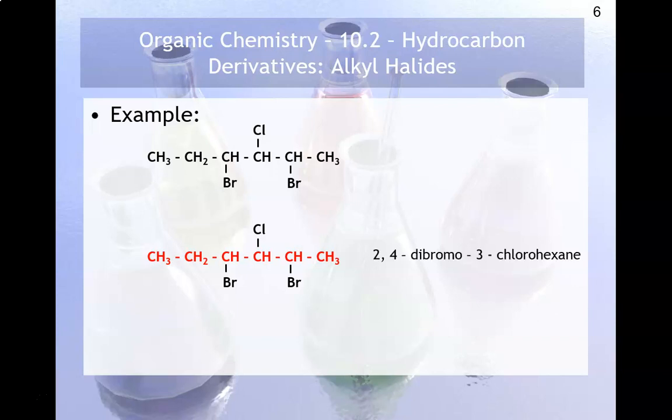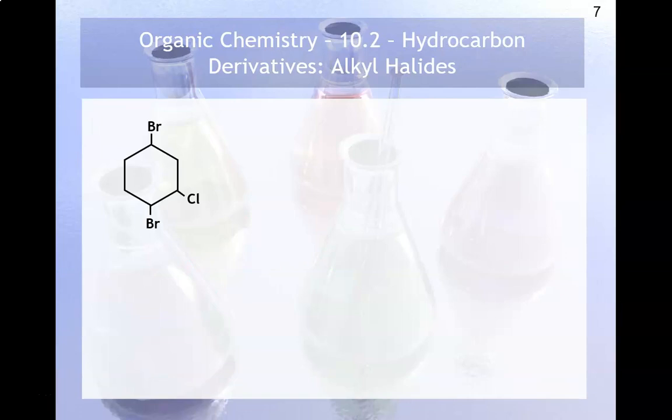So we get 2,4-dibromo-3-chlorohexane, because we're numbering from this side: 1, 2, 3, 4, 5, 6. And so you see carbons 2 and 4, and carbon 3. And we're going with the alphabetical arrangement, so B comes before C, which comes before F, which comes before I.